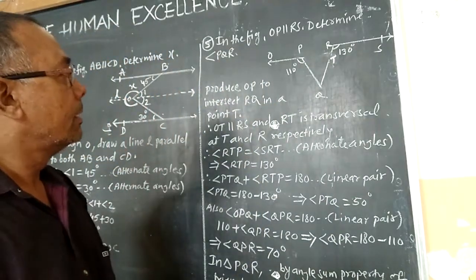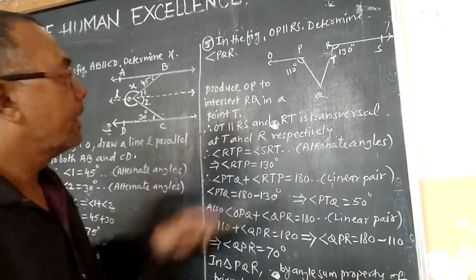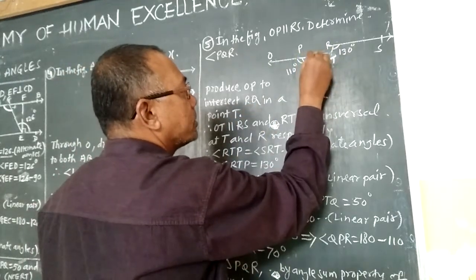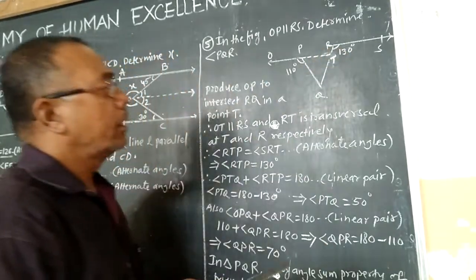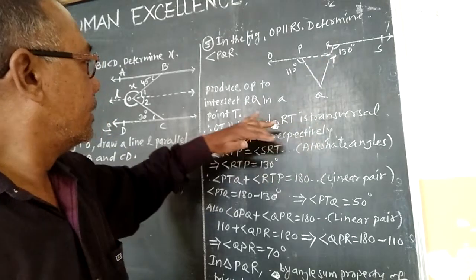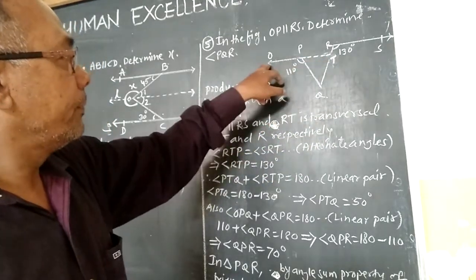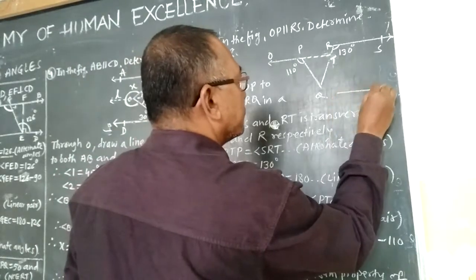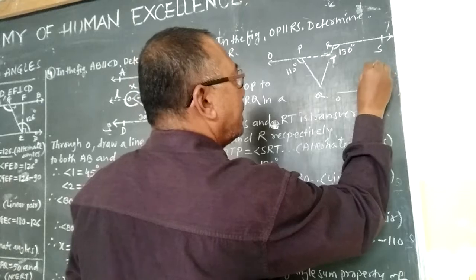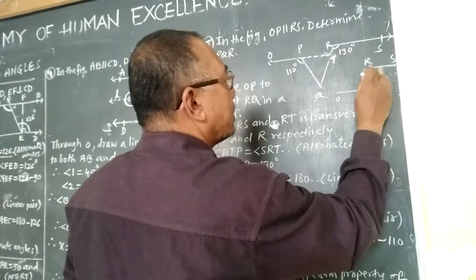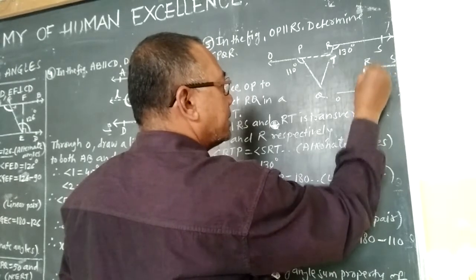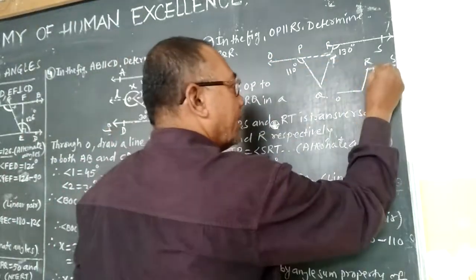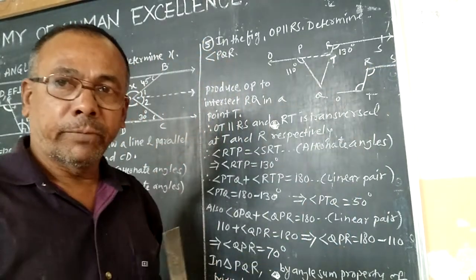There is no construction here, but here we have produced OP, means OP is produced to intersect RQ, and it will intersect RQ at T. Now this line OT is parallel to RES, and OT and RES are the parallel lines, and if we intersect by RT, then it is seen that these two angles are alternate angles.